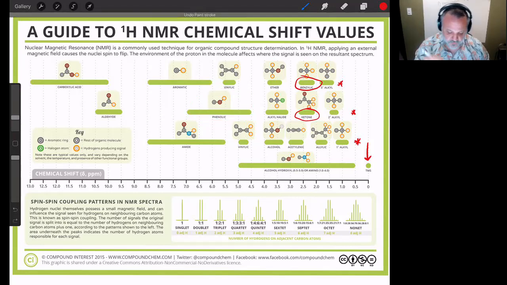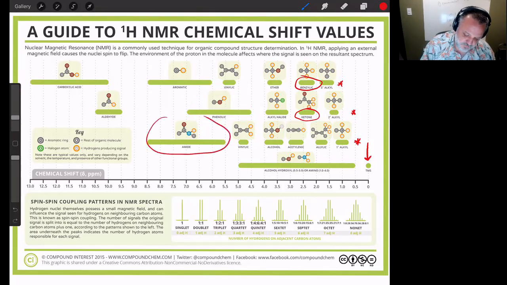And so what else do we have here? Amide. Remember, amides are very particular structures. Carbon doubly bound to an oxygen, connected to a nitrogen, and then that nitrogen would have to have a hydrogen on it. And that's where the signal would appear. So that's very specific in its structure.